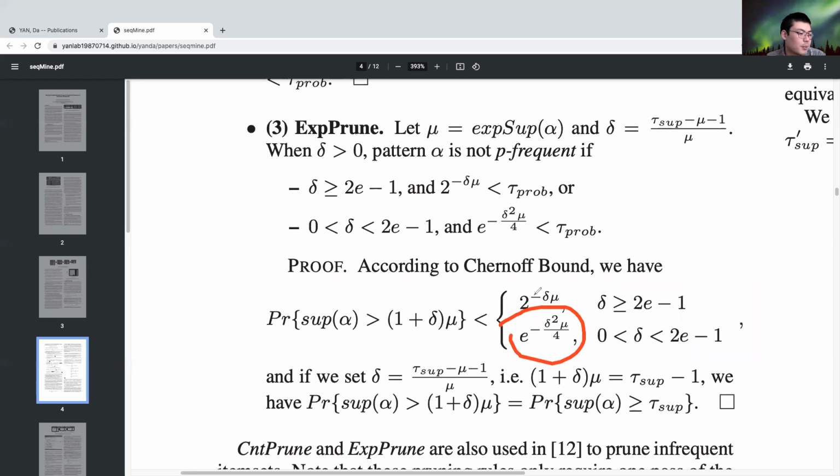So this is the more popular bound. But in whatever case, you can see it's a 2 to something. Each time you increase your mu, where mu is np, as long as you increase n, you are dividing by 2 or by e. You decrease exponentially. That's the intuition of what the Chernoff bound is telling.